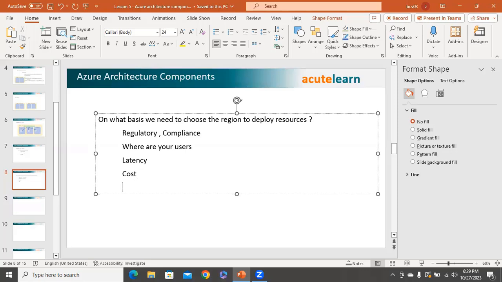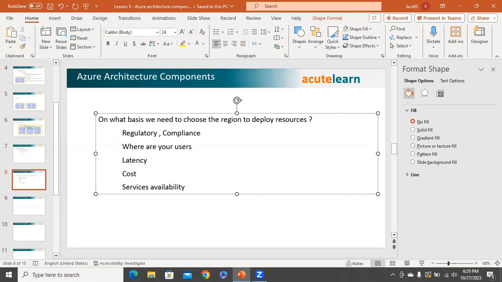And last is service availability. Now you choose Central India, but you are looking for some data warehouse application. But Microsoft Azure is not providing the data warehouse service in Central India, because in all the regions, all the services are not available.